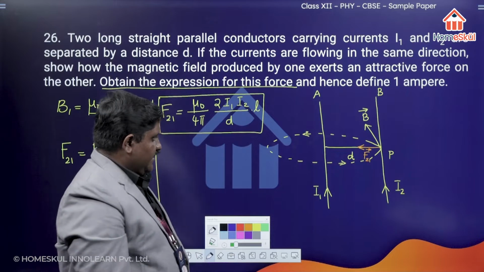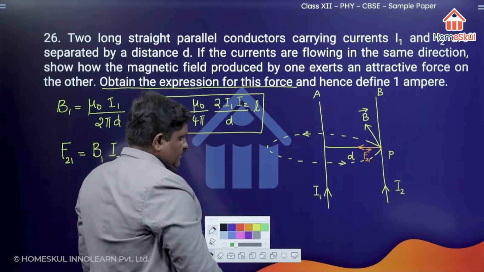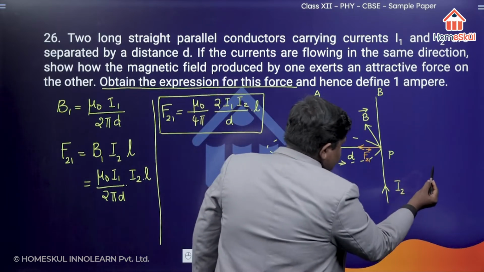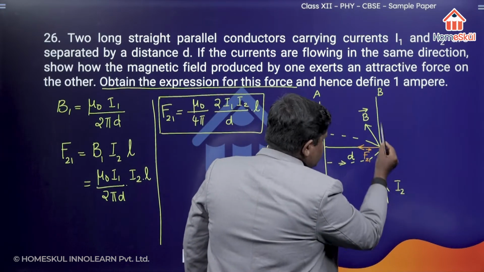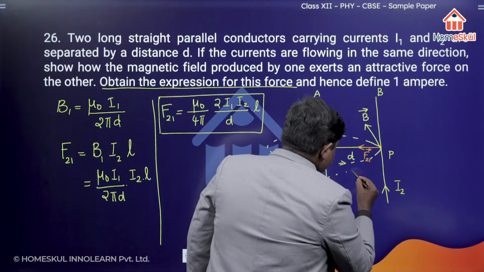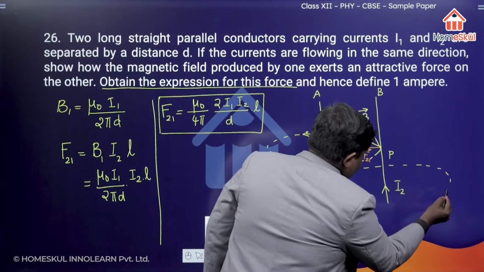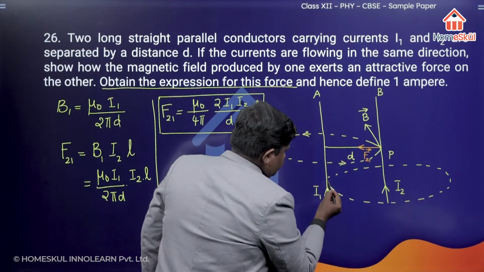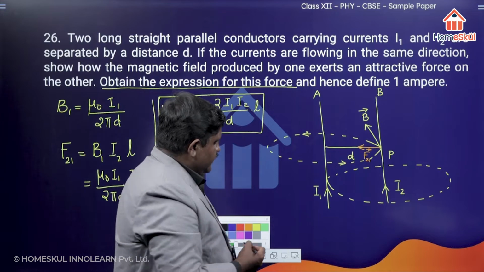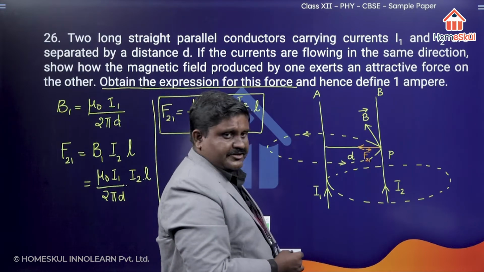Clear? Likewise, when we consider this conductor A, placed in the magnetic field of B, here also we have to find the direction of force.